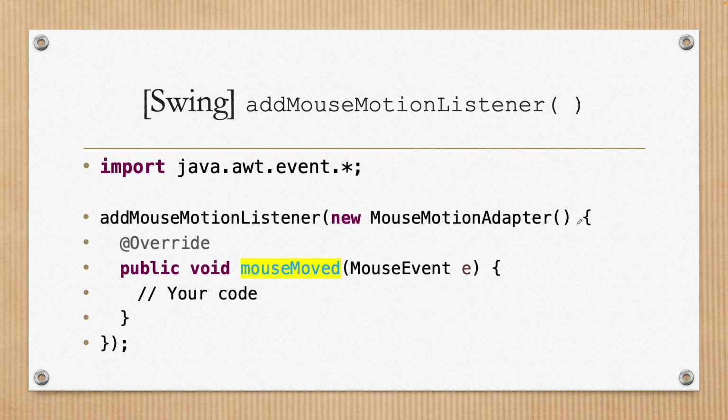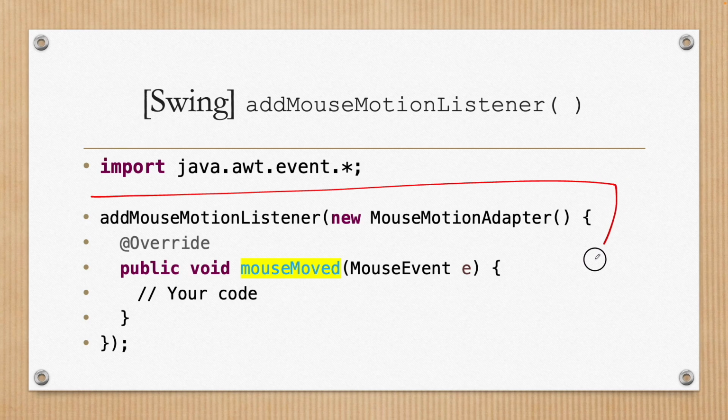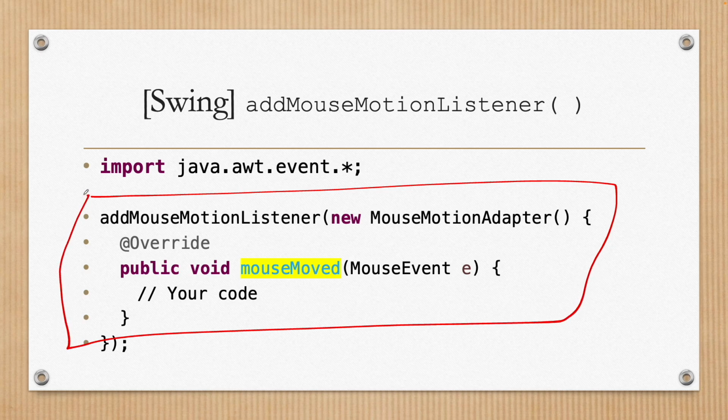Since we're going to be looking at a Java Swing example for this lesson, I'm just going to add one more thing before we get into an example. This is something that you need to add to your program or your application: a mouse listener, a mouse motion listener.